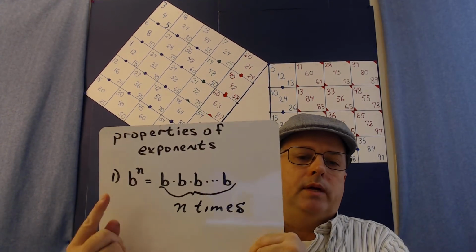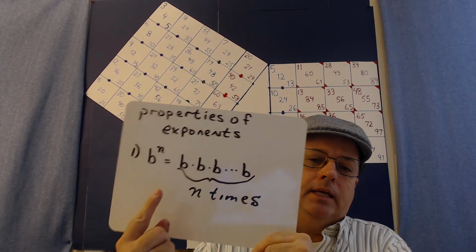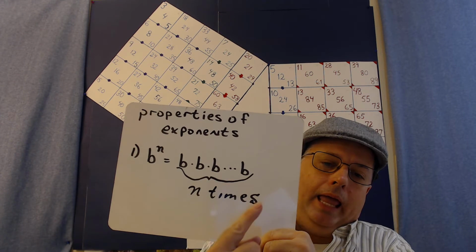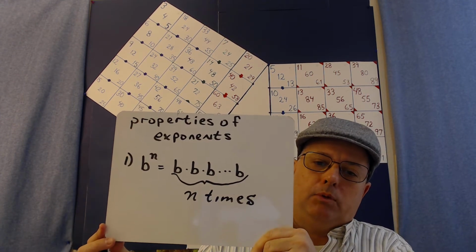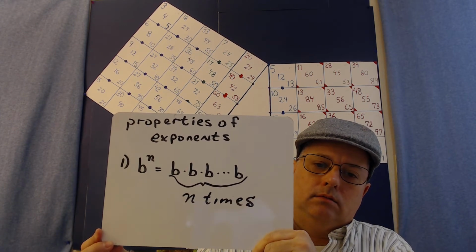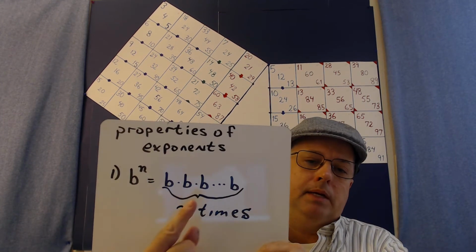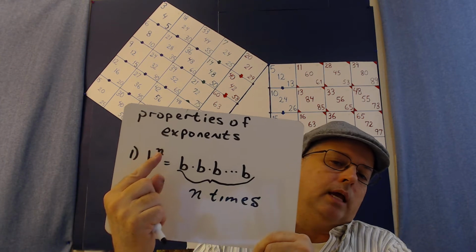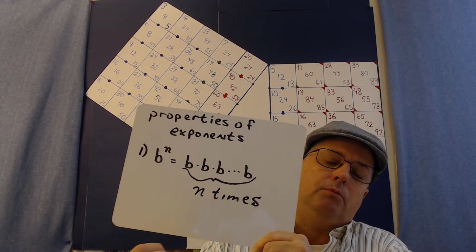When we say b to the n, that means to take b and multiply it by itself n times. That's what an exponent is. Instead of writing b times b times b times b times b, we'll just say b to that n power, however many times we had to multiply it.